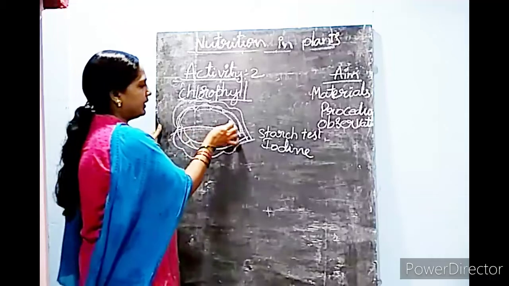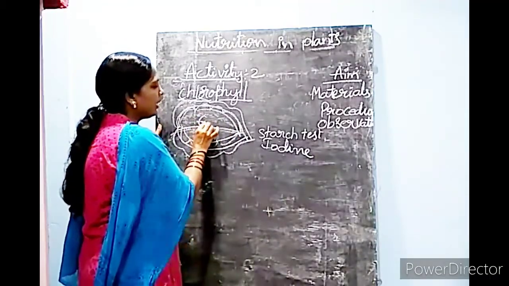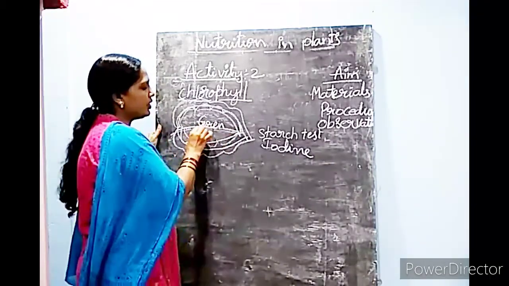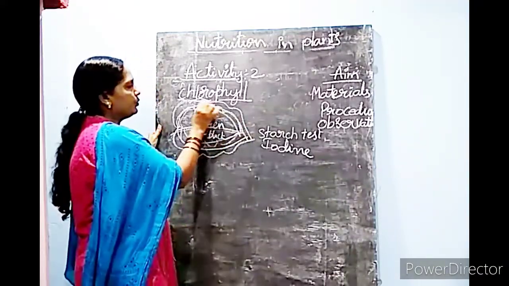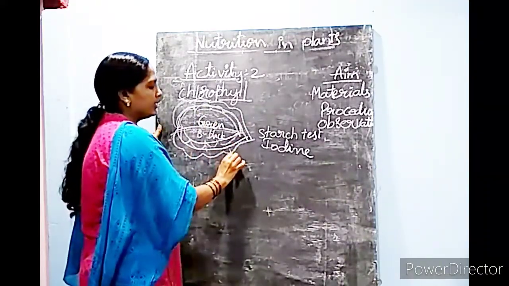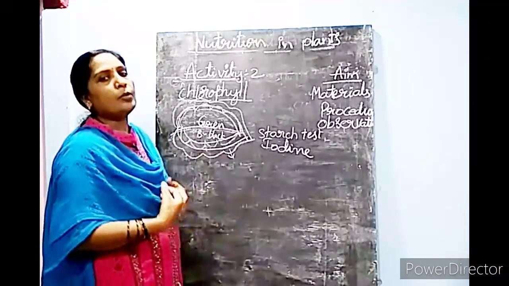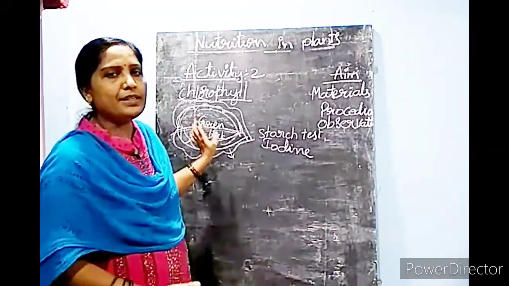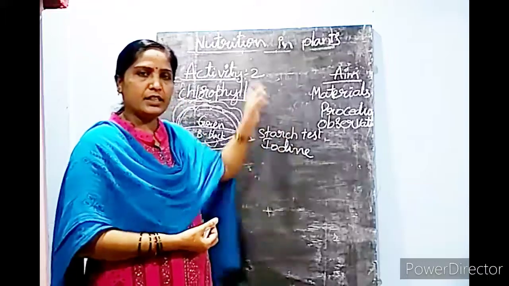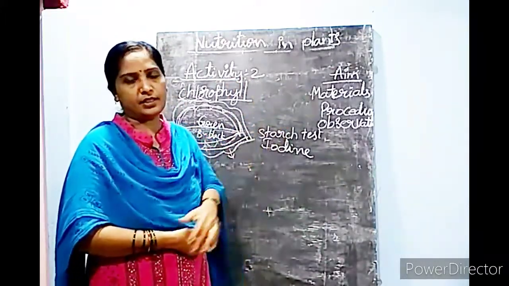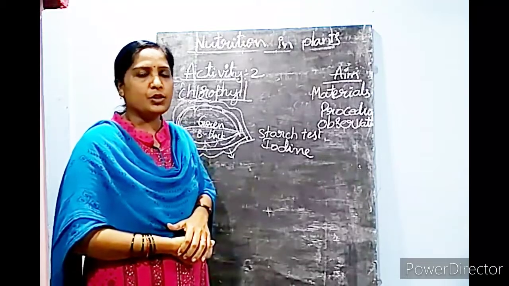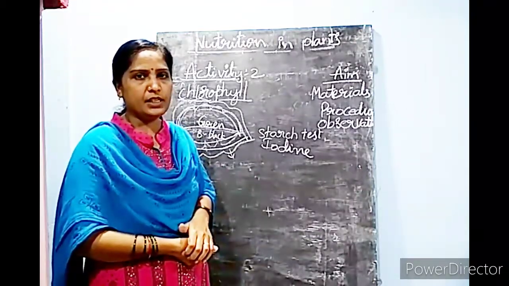You can guess the part which is green will change into blue-black color, and the outer part which is not green will not change into blue-black color. So this activity proves that chlorophyll is necessary for photosynthesis. Okay, so can you write these two activities?